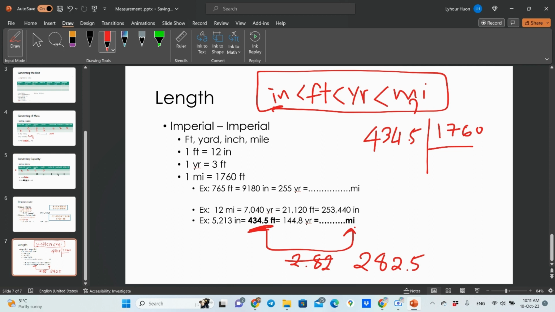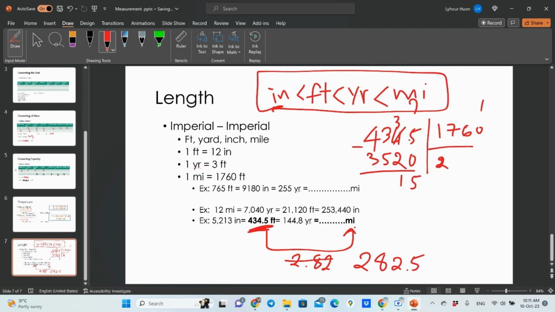Okay, so first of all, we don't care about the decimal first. Just don't care about the decimal first, and then we will care after. So 1760 goes into here. Should be 2, correct? 2 times 0 is 0. 2 times 6 is 12. 2 times 1 is 2, plus 1 is 3.